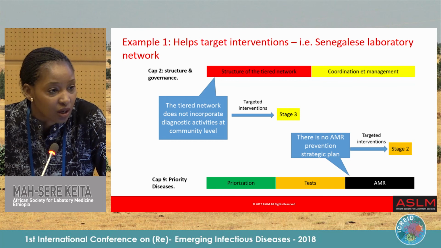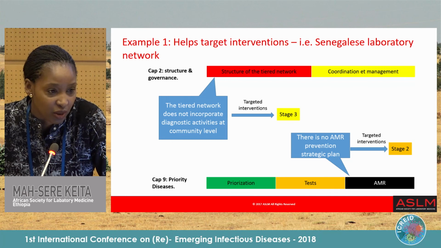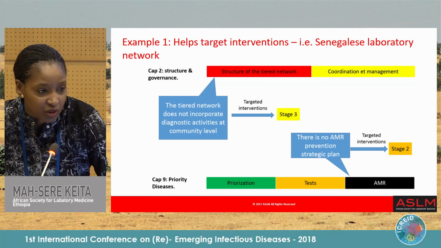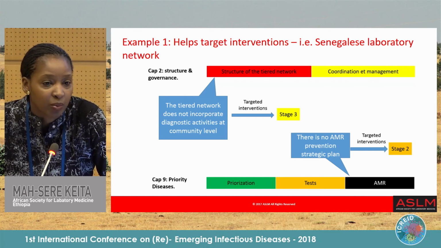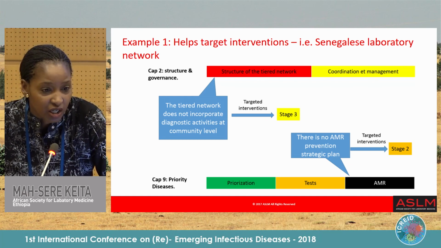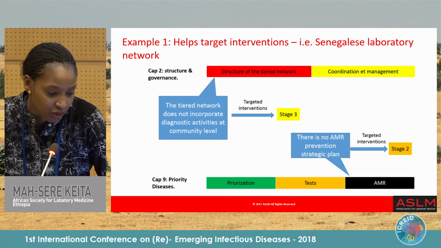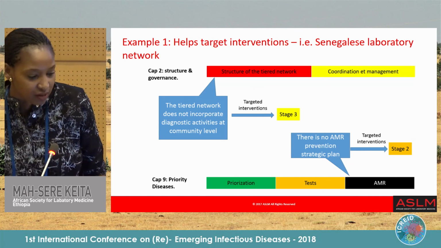So it helped really to drill down and to determine where the limited resources need to be targeted to be able to address which interventions needed the most work. And it helps you with resource allocation. We also use the tool in helping countries develop their strategic and action plans, laboratory strategic plans and action plans.